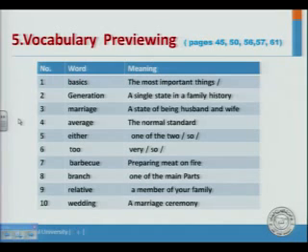So you can see here pages 45, 50, 56, 57, and 61. I'll try to give you the meaning of some of these words.